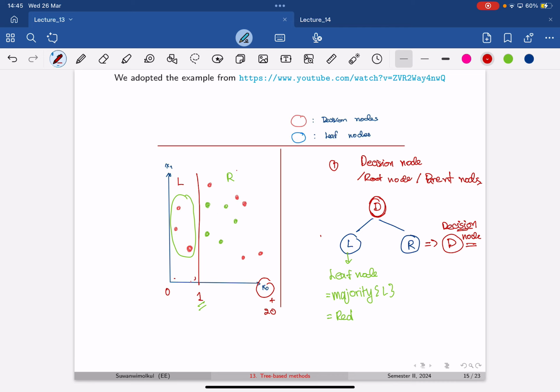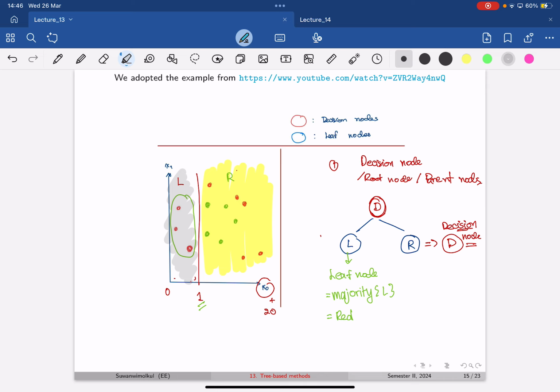You start looking at this region, and then you start to partition it again. Since you already said that the data samples you previously classified as leaf are done already, you don't want to look at them again.